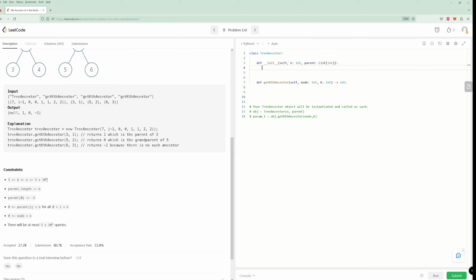If the number is small, then I can use something that's n squared or some kind of backtracking. There's always going to be a trade-off between time and space, so you always want to look at how big the constraints are and figure out how efficient your solution can be.